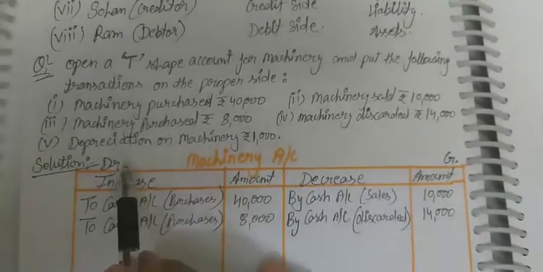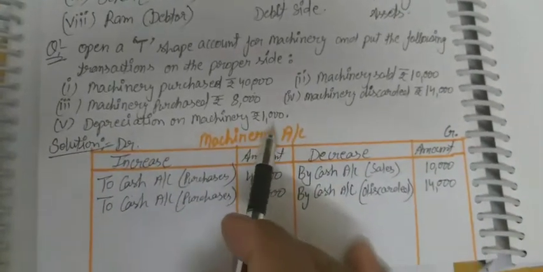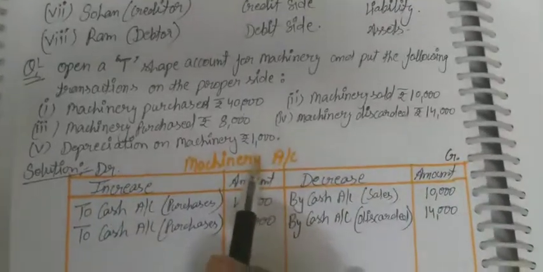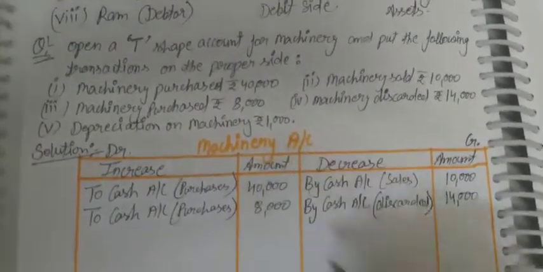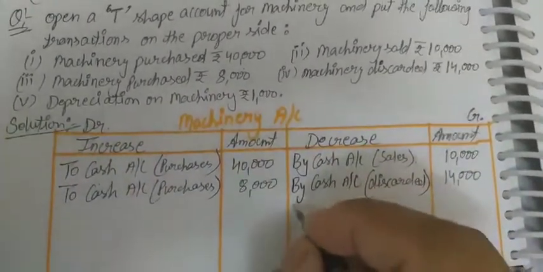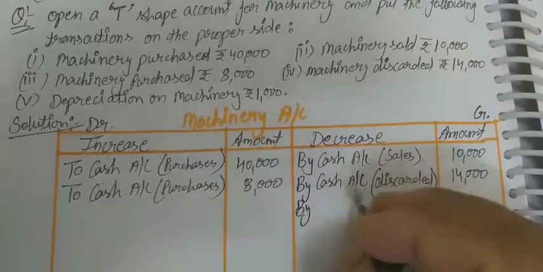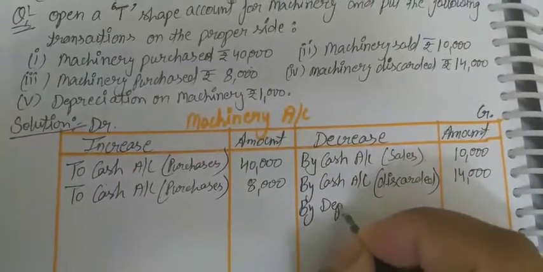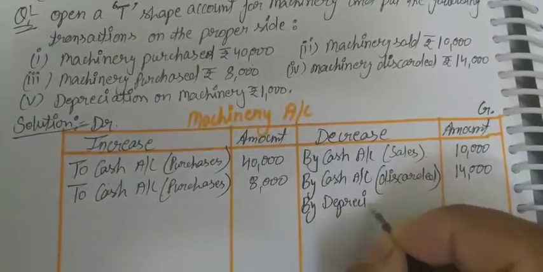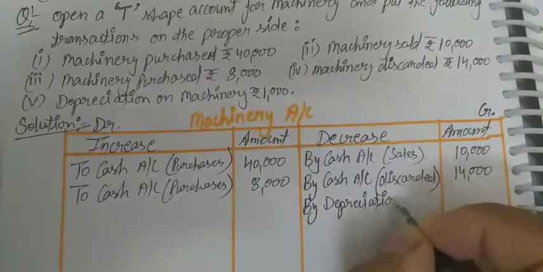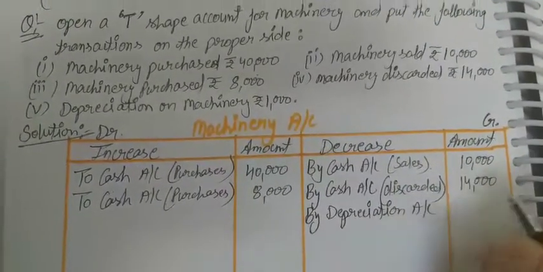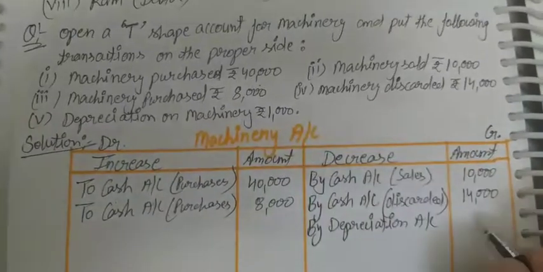And next, depreciation on machine is rupees 1,000. If the depreciation is charged on machine, so the value of machine is decreased, so we record in credit side by depreciation account. Amount is 1,000 rupees.